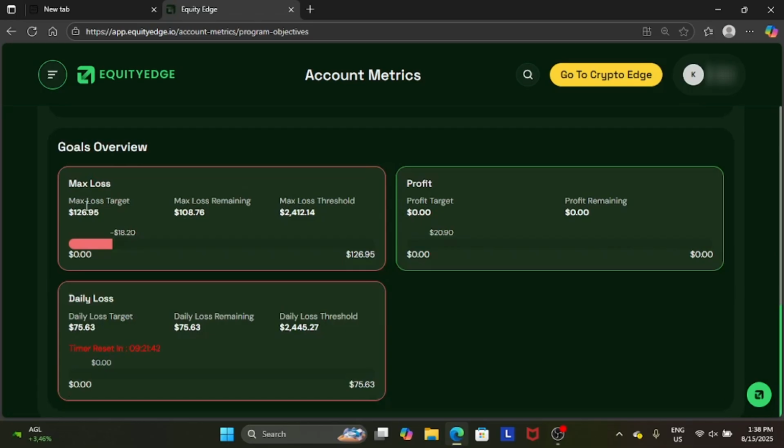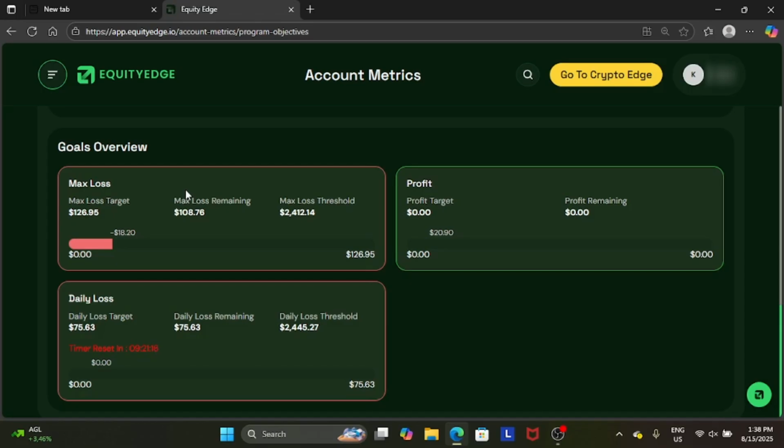Max loss. At the highest level of the account, which was 2.533 something, my max loss would have been 126.95. So with taking those losses, my current max loss is this, so I have this much to go. Hence, I am not risking $10 on this account.